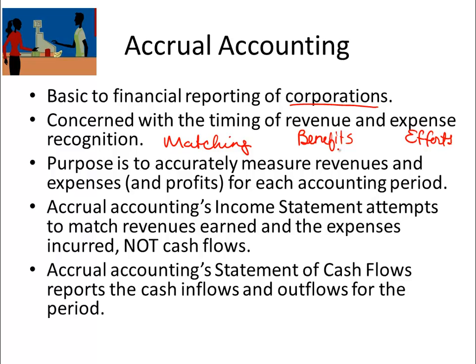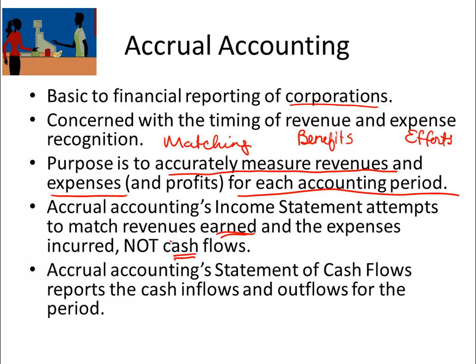So notice that we want to use accrual accounting because it accurately measures the revenues and expenses for each accounting period. Now, accrual accounting's income statement matches revenues earned, which is the key question here, not the cash coming in or the cash going out.